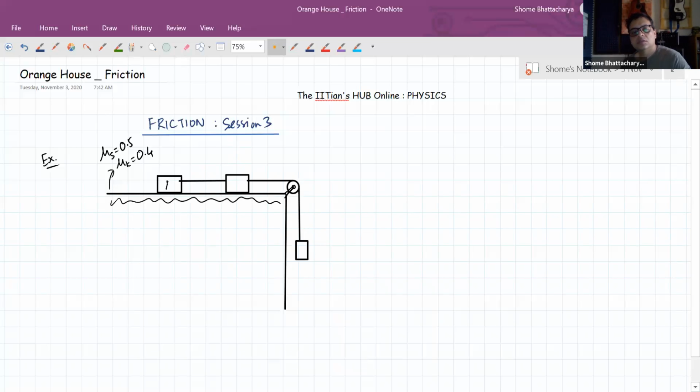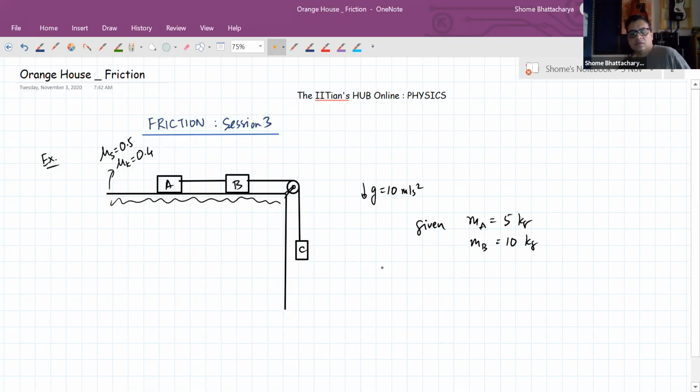So let's say these are blocks A, B and C. Now, given acceleration due to gravity is 10 meters per second square. Also given that mass of the block A is 5 kilograms, mass of the block B is 10 kilograms.